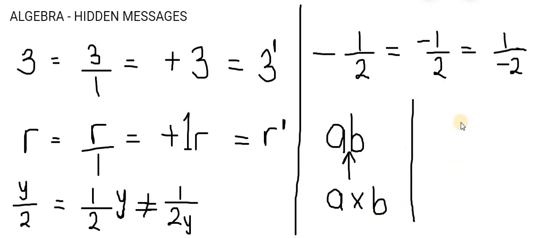Or when you see a letter and a number together, so 7R, it's assumed that you know what joins 7 and R is a multiplication sign. 7 times R. Okay? Make sure you get used to all of this, and it will help you immensely down the line to avoid any confusions in algebra and indices.